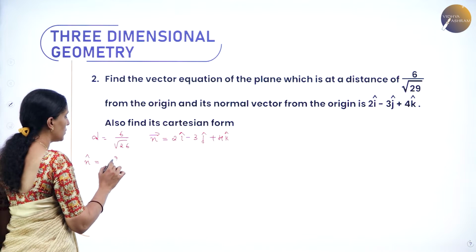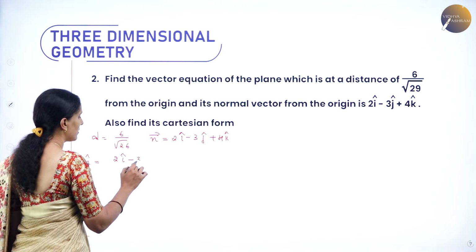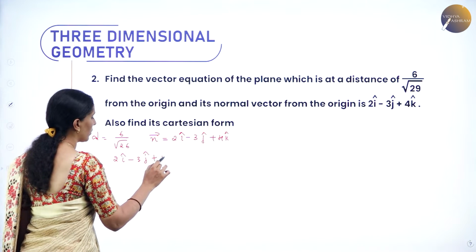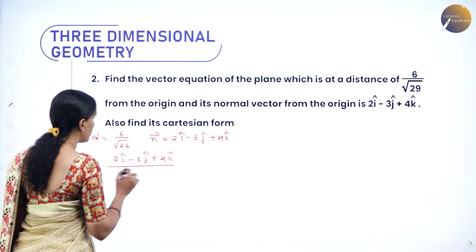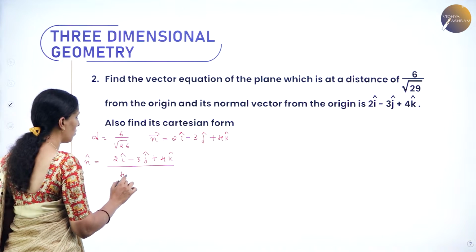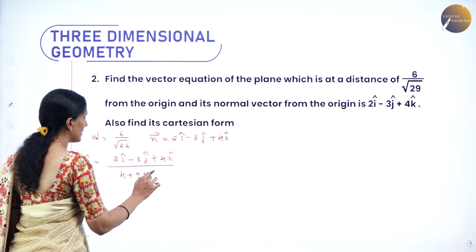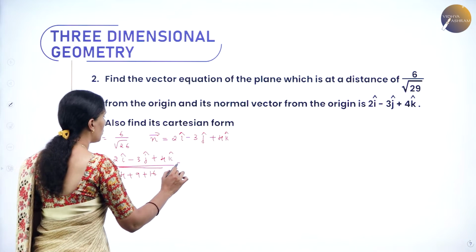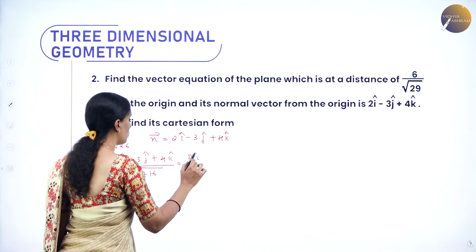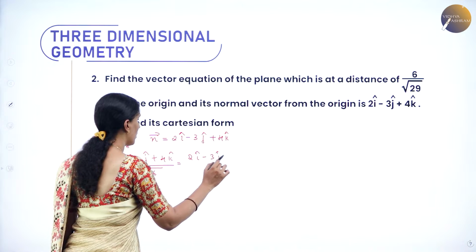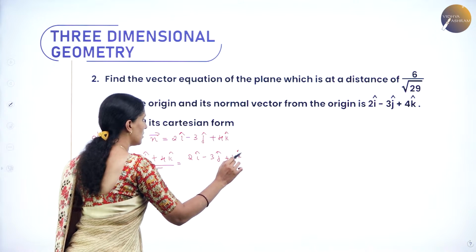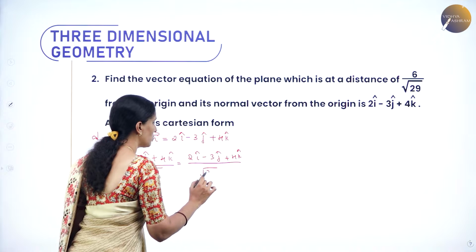N cap is 2i minus 3j plus 4k over the magnitude of vector n, that is the square root of 4 plus 9 plus 16, which is equal to root 29. So we can write n cap as 2i minus 3j plus 4k divided by root 29.